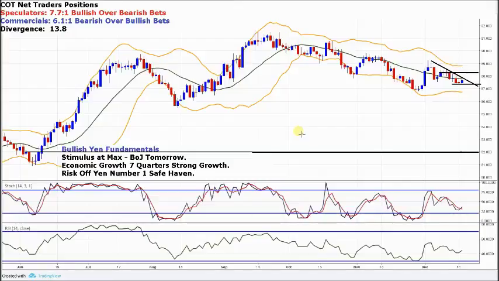But that's a COT extreme. It just points to a big stop-out of speculators. They're just going to get rolled over. For me, we've got bearish CAD fundamentals, bullish yen fundamentals, got the commercials on our side. I think it's a good risk to reward trade, so we shall see.